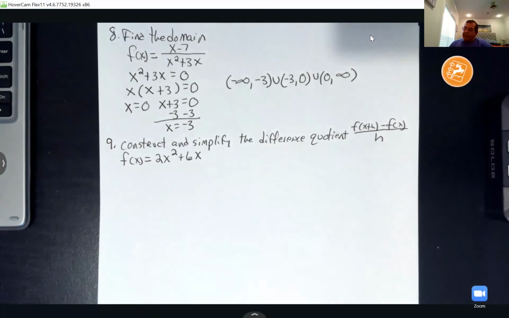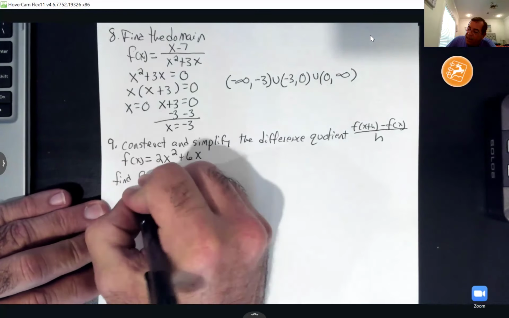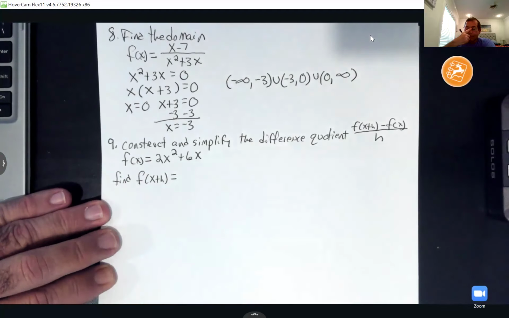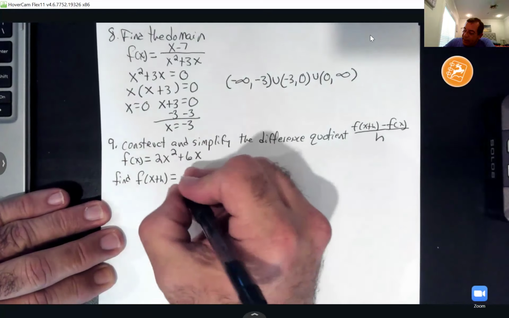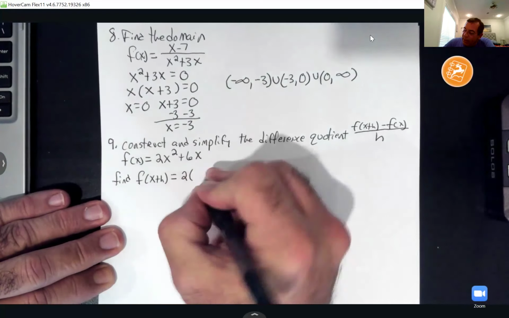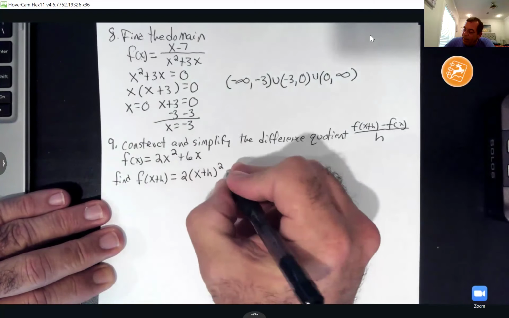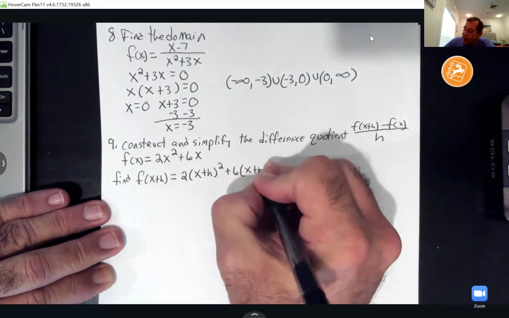So remember, these problems were sort of tricky because we have to find f of x plus h first. All right, so put an x plus h in for both of these x's. So you have 2 times x plus h squared plus 6 times x plus h.